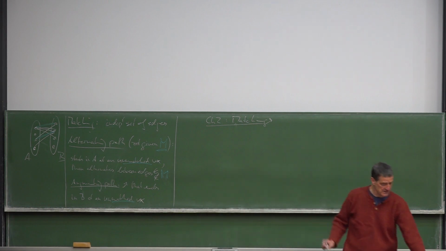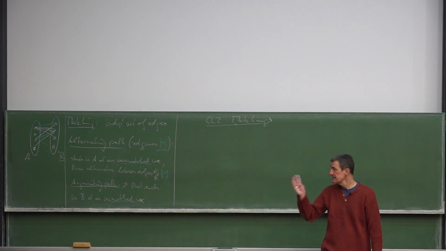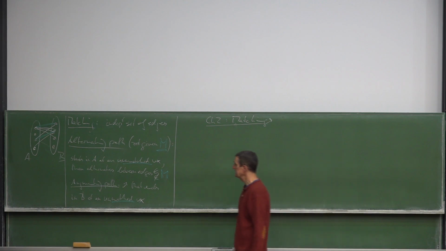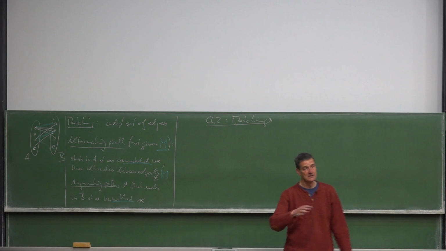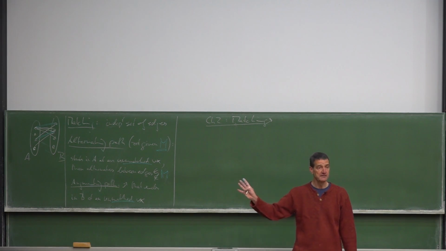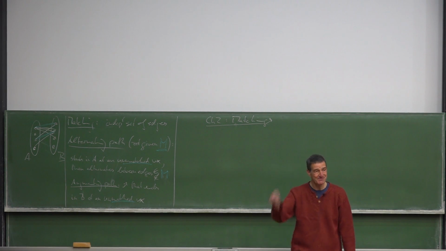Otherwise, you just drop that. But say in bipartite graphs, if you have a matching that isn't largest, doesn't have the maximum number of edges for any matching in that graph, then with respect to this matching, there exists an augmenting path that augments this particular matching and gives you a larger one.